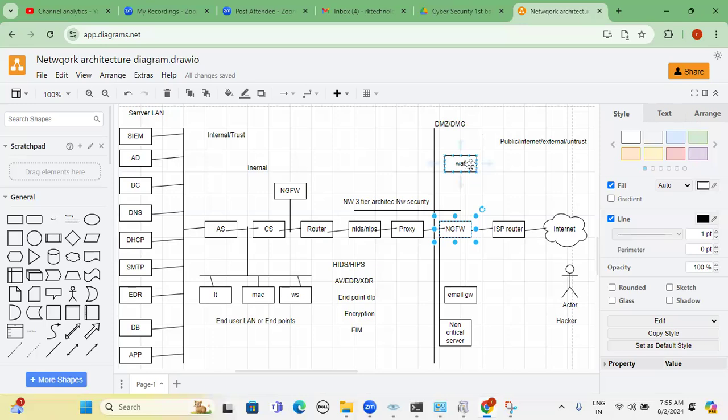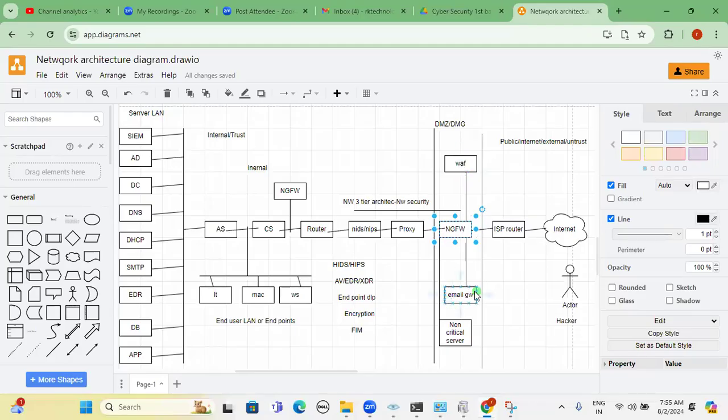So the web application firewall acts like an entry point: any OWASP Top 10 category of attack should be identified, monitored, detected, alerted, and prevented, blocked or allowed. That is the functionality of the web application firewall.